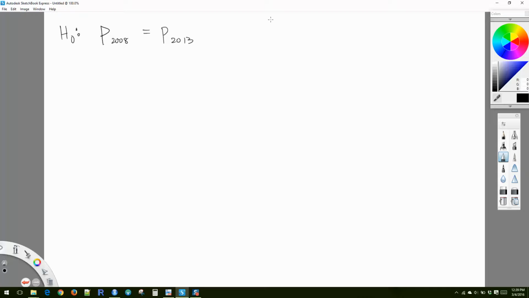Another way, this is just an alternate form that says exactly the same thing, is to say rather than that the proportions in 2008 and 2013 are the same, we can say that the difference between them is 0. These two things say the exact same thing. Right? We can see that. One thing that's always helpful is that the null hypothesis will always have an equal sign in it.